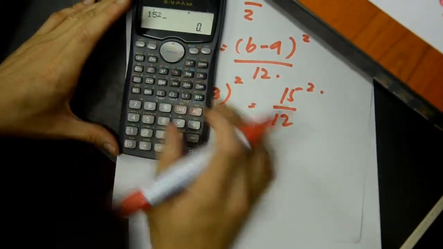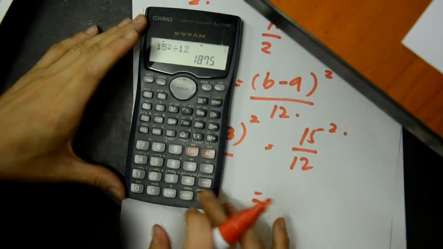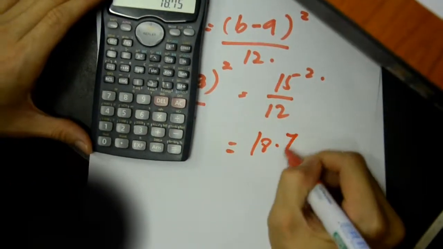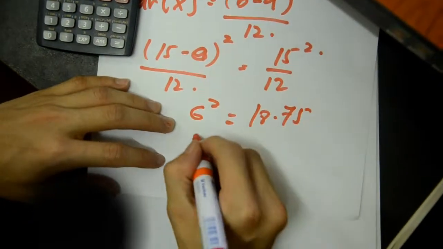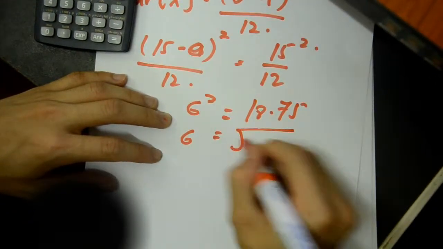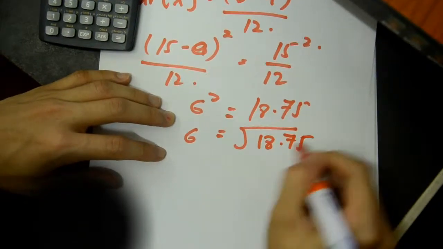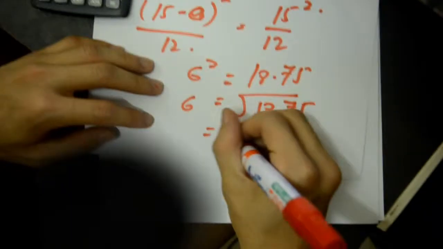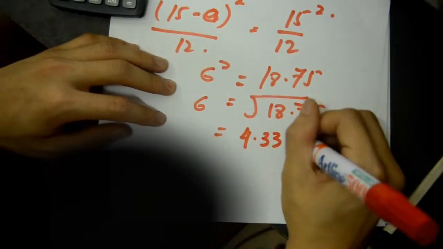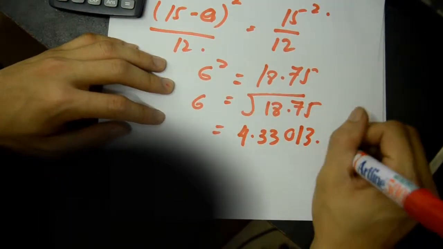So 15 squared divided by 12 gives 18.75. But remember that this is the variance, so to find the standard deviation you take the square root of 18.75, and you get 4.33013.